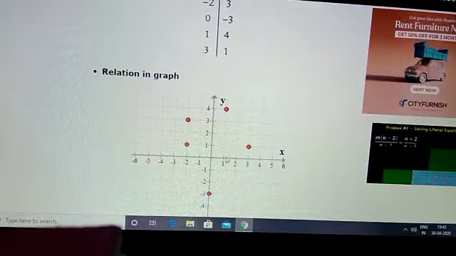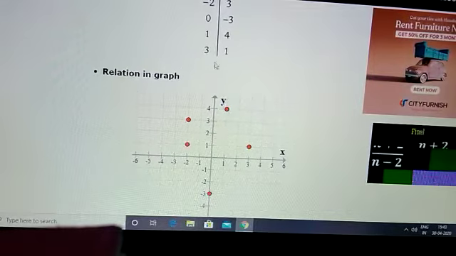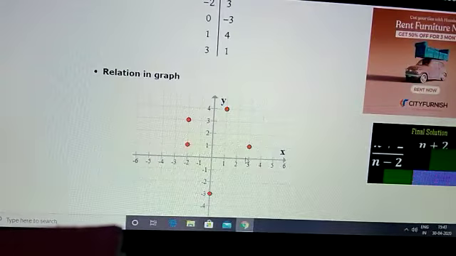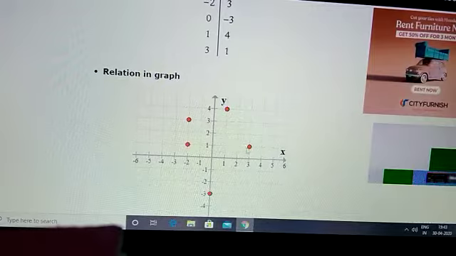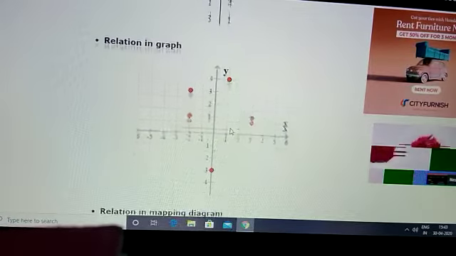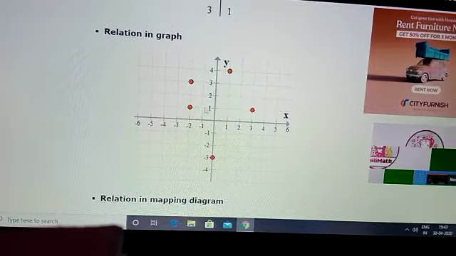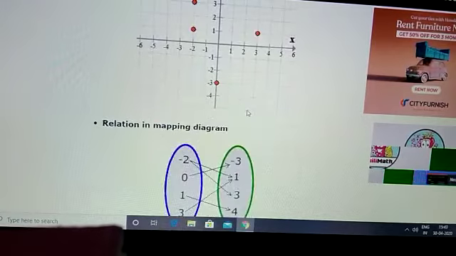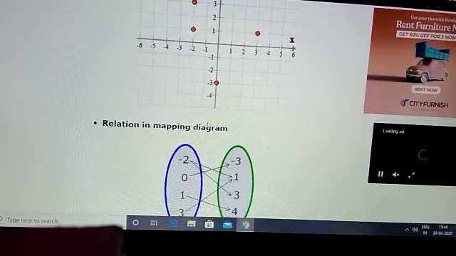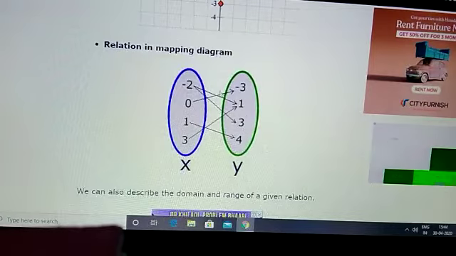Then 1, 4 is here, and 3, 1, where 3 is the x element and 1 is the y element. I hope you have understood, because you have already read this in 9th and 10th standard.